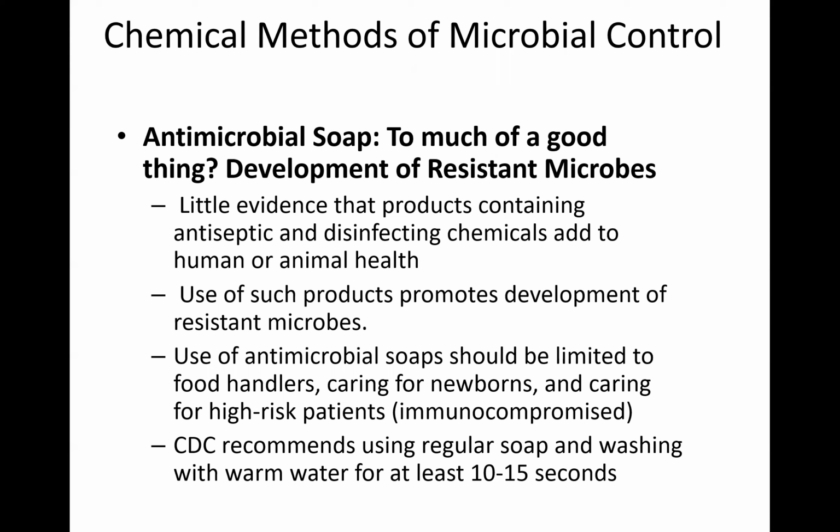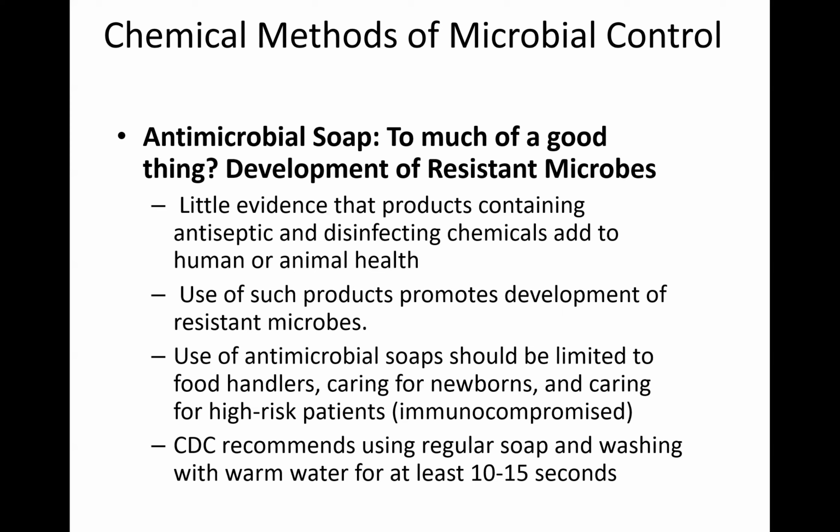So the use of antimicrobial soaps should actually be really limited. It usually should be for food handlers, at-risk patients that are more immune compromised, such as someone that's had a transplant or someone that has a syndrome like AIDS, or caring for newborns. Those are really the only times that antimicrobial soaps should be used.